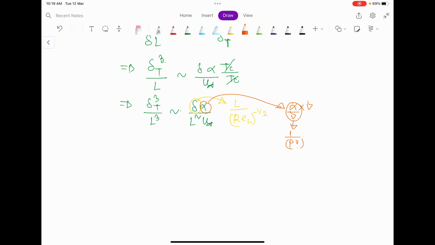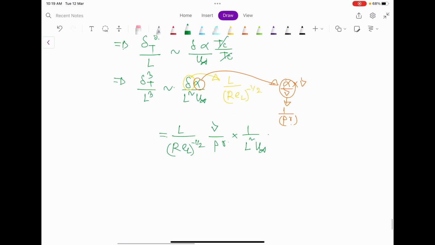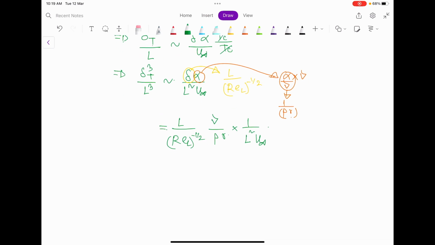So this expression then becomes L by Re_L whole to the power minus half, alpha means nu by Prandtl number, into 1 by L square into u infinity. And Reynolds number is u infinity L by nu.